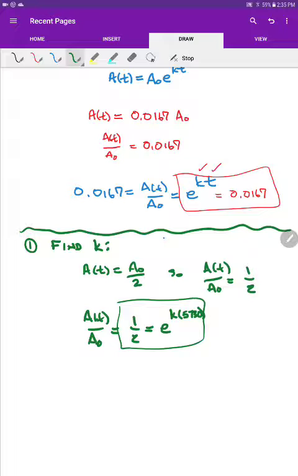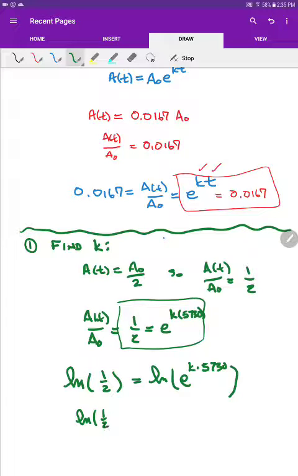So how do we solve this? The same way we've been solving these problems up to this point. We're going to take the natural log of both sides. Natural log of 1/2 equals natural log of e to the k times 5,730 years. Now, this problem's in years, not hours, so we have to keep that in mind, like the last problem. So now we have natural log of 1/2 equals natural log of e to something, which is going to equal k times 5,730.